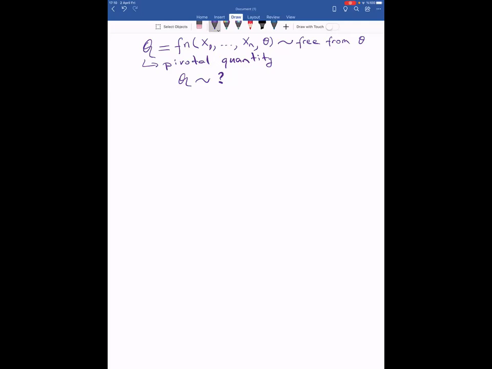Then let's say we define the CDF of Q as G_Q. Then after defining the CDF or PDF of Q, we will consider some probability where our Q is between some upper bound and lower bound with some certain probability.